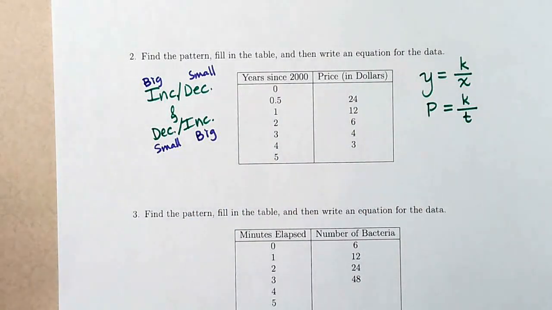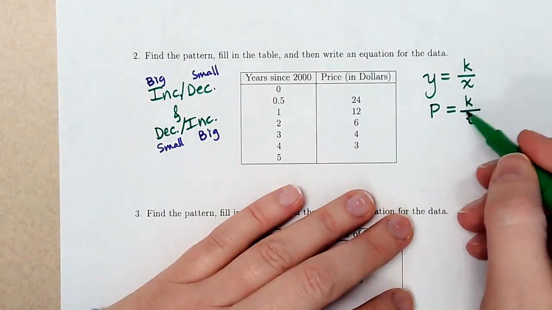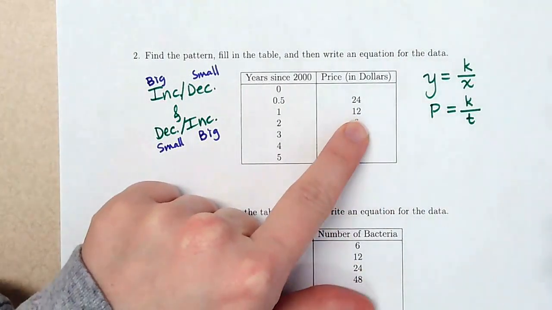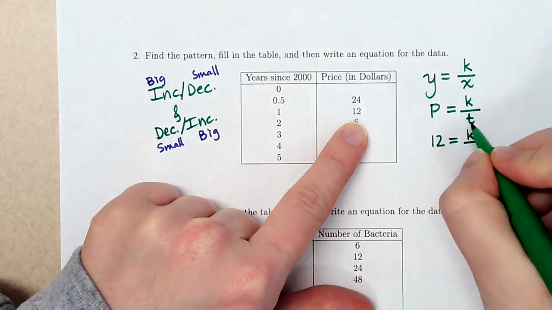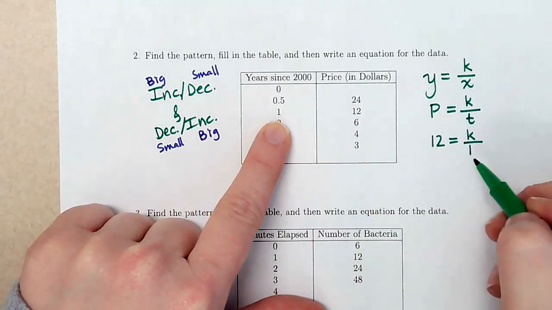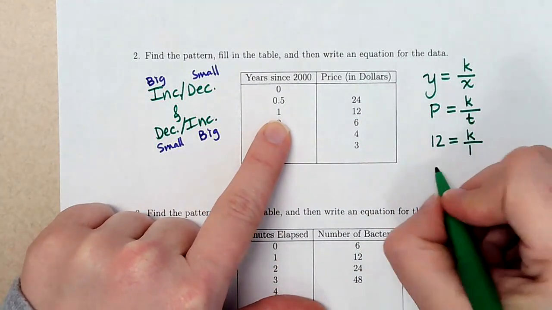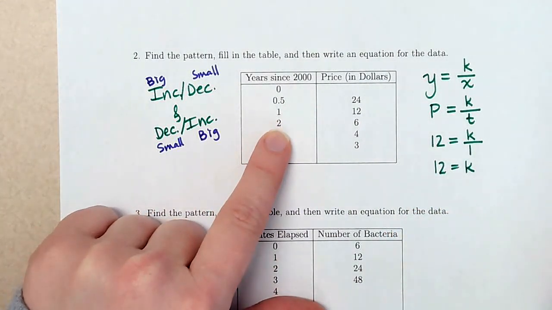And then our first job is to find K. Because this is a constant number, let me pick a price, 12 equals, we don't know K yet, but we do know the time is 1. Oh, look at that. K divided by 1 is just K. So this K is 12.